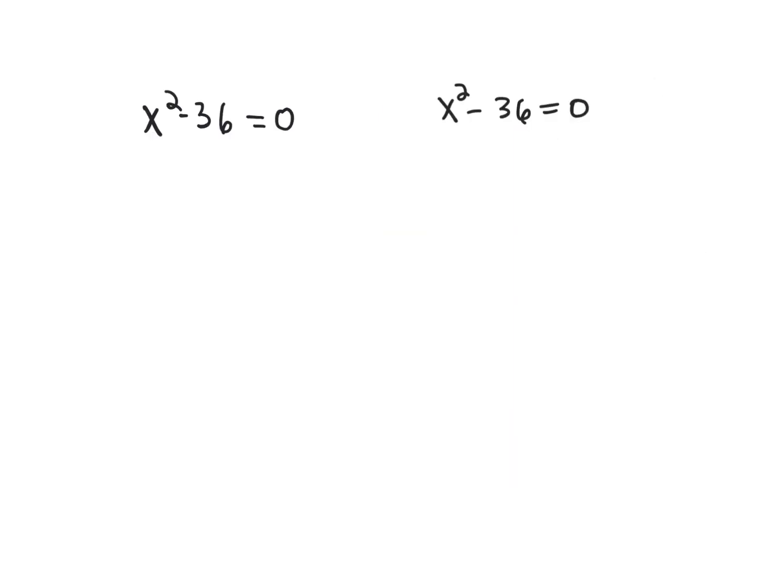All right, so the next problem is x squared minus 36 equals 0. And you can see that I wrote it down twice here, and I meant to do that. So I want us to look at this because you'll see that some people might start to view these problems differently. Someone might look at this and say, I immediately recognize this as a factoring problem because it is the difference of two perfect squares.